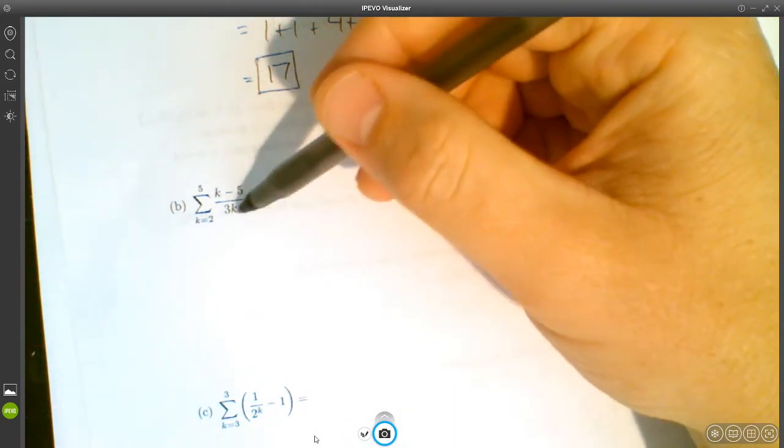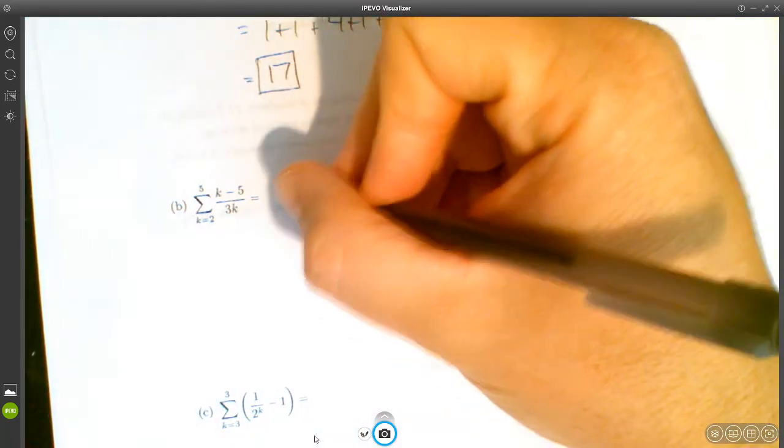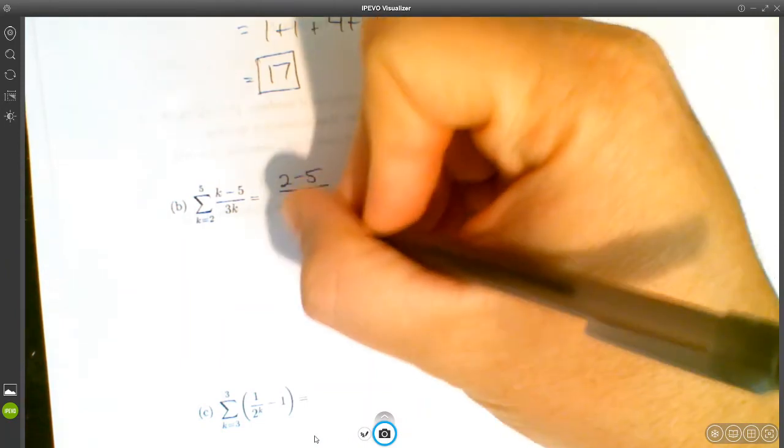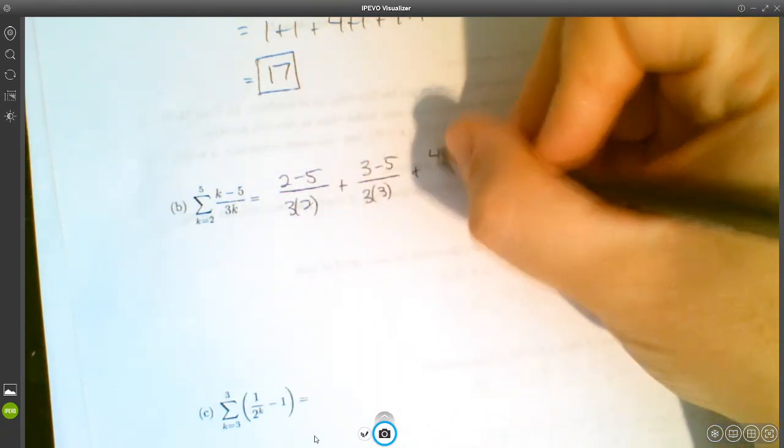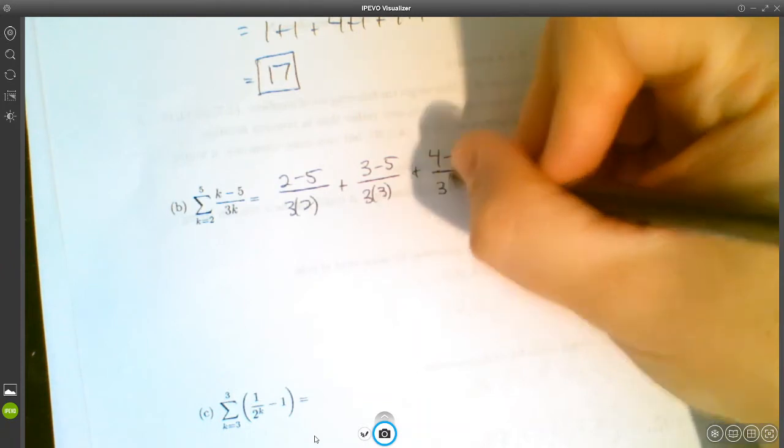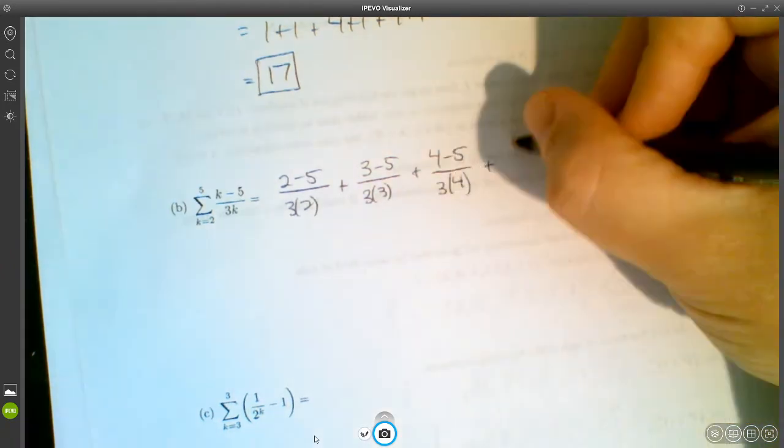Let's say that we want to add up k minus 5 over 3k, k starting at 2 and ending at 5. Okay, so we plug in 2 for k, and then we plug in 3 for k, then we plug in 4 for k, then we plug in 5 for k.